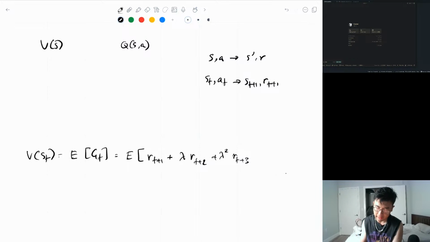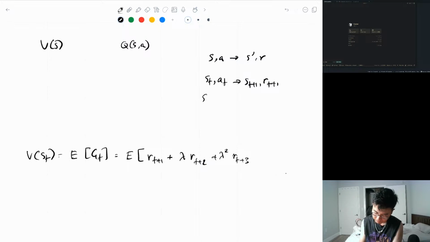This action, by the way, is sampled from the policy. The policy is the thing that tells you, given the state, how you want to act.